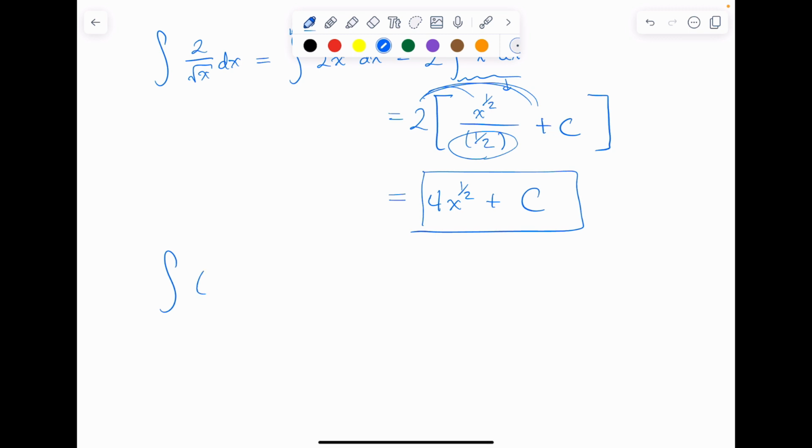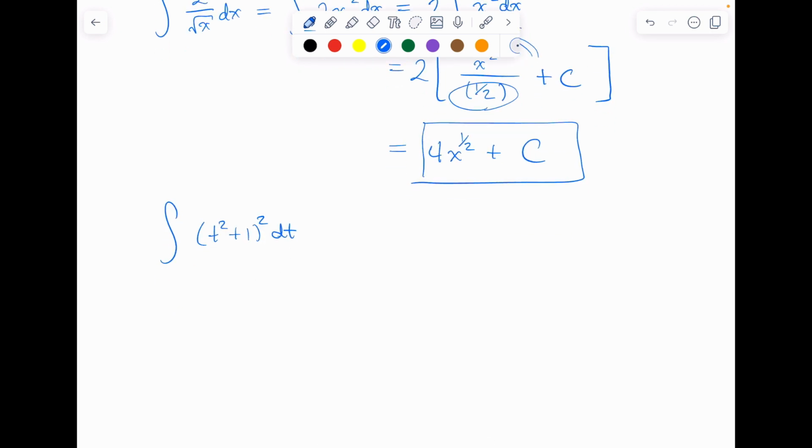Let's do the integral of t squared plus 1, squared, dt. Now in this case, we don't really have to rewrite powers, but it's not really clear what the antiderivative of that is. And so what we want to do is actually just go ahead and multiply this out, right?